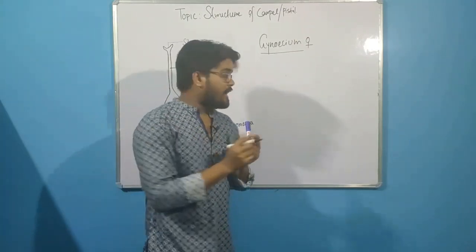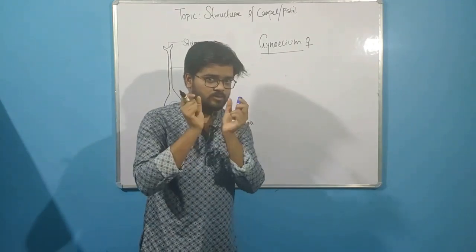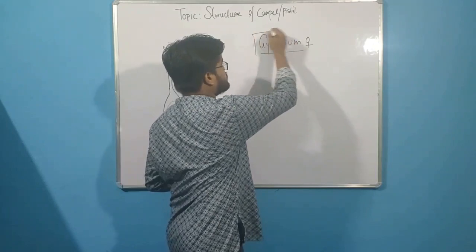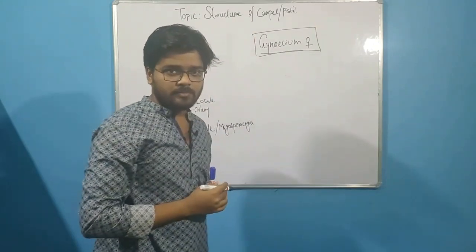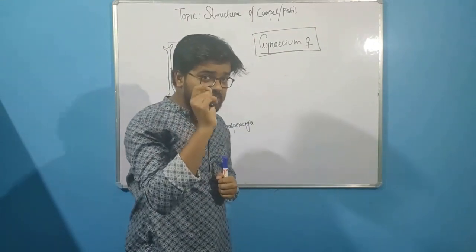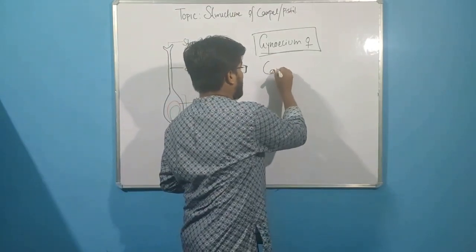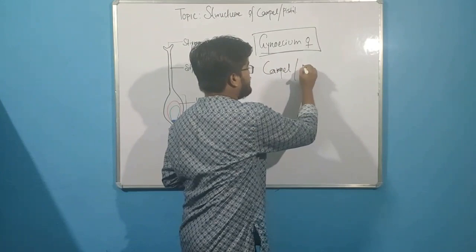I'll deal with this very slowly so you can get the complete knowledge. The gynoecium is the total unit, but each unit of the female reproductive system is called a carpel or pistil.